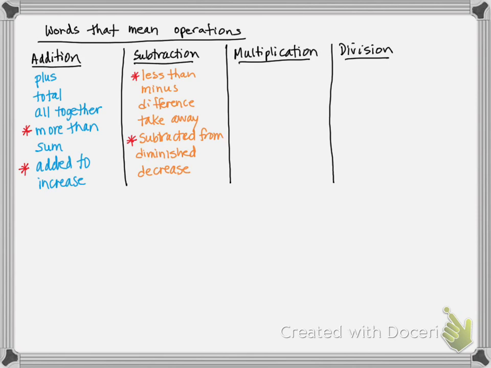Multiplication. Now what gets interesting about multiplication is that some of the words don't mean just to multiply. They mean to multiply by a specific number. So times is probably the most popular way they let us know we have a multiplication problem. The answer to a multiplication problem is a product. We've already seen in prior chapters that the word of means to multiply.